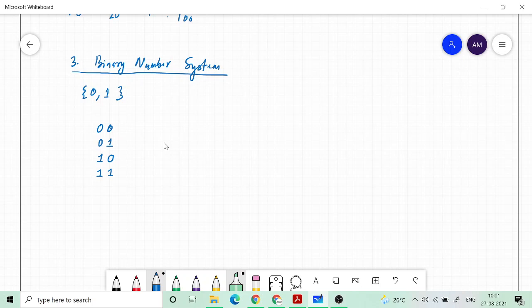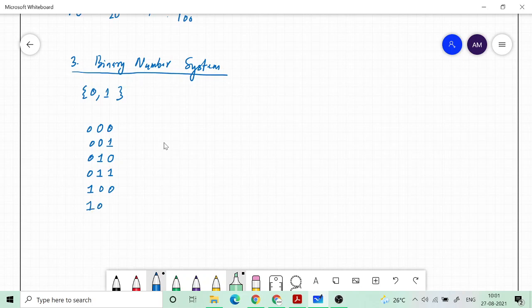Now if you want to go to higher numbers, we need to introduce a new position. So this is 1, and then you put the others to 0. This is just like going from 99 to 100, but here it is after 1 1. So we introduced the third position, and we made the first and the second positions 0.